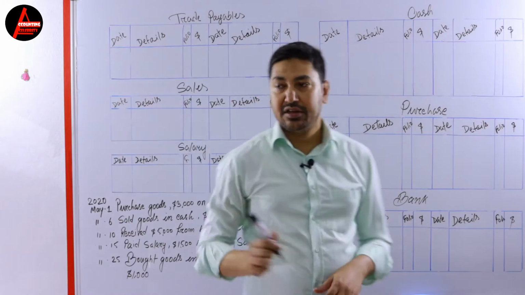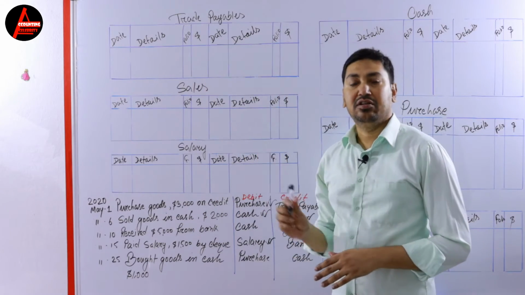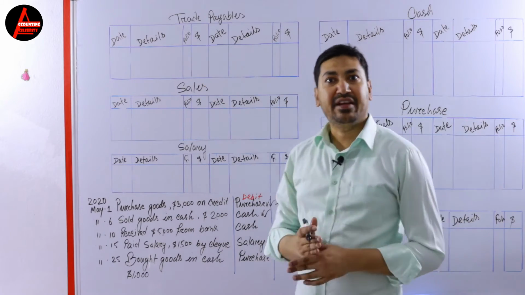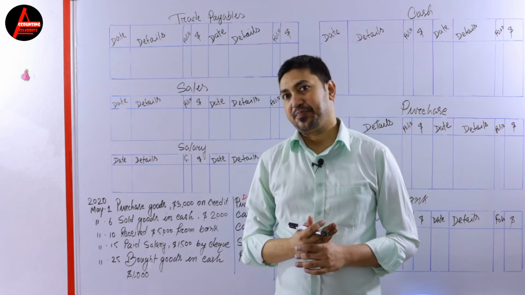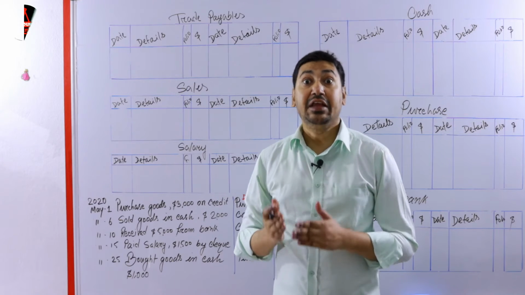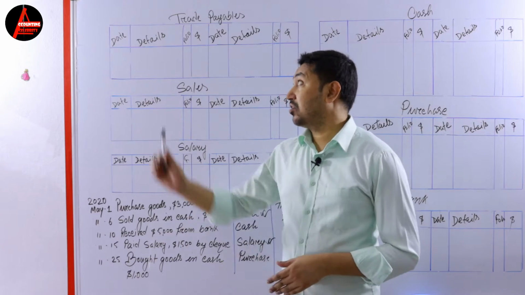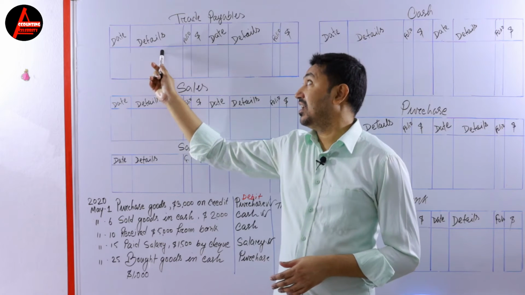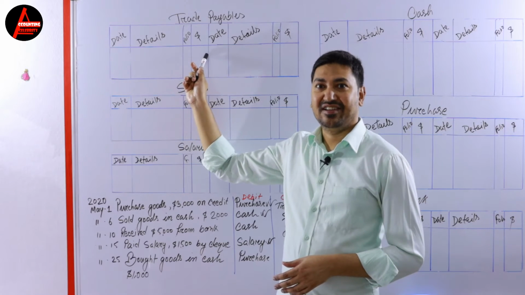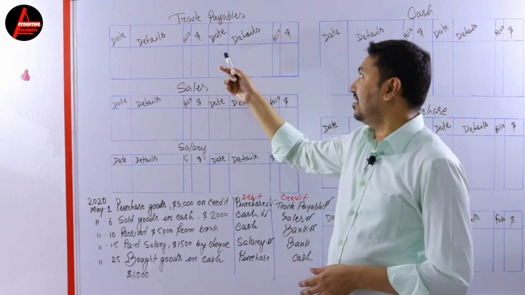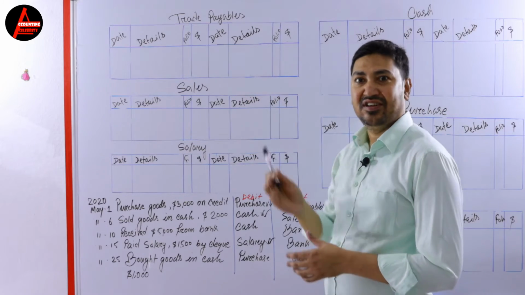Have you noticed this ledger format is divided into 2 sections? Either section has columns to record the date, detail, folio and dollar. Same here: date, detail, folio, dollar.